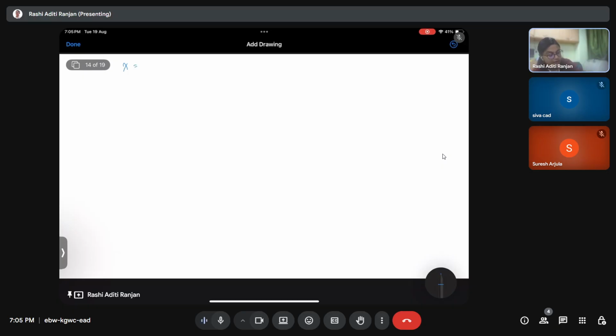X will be delta st, which is 0.025 divided by under root of 1 minus 0.5 whole square plus 2 times 0.05 into 0.5 whole square. So this turns out to be 0.03326 meters.